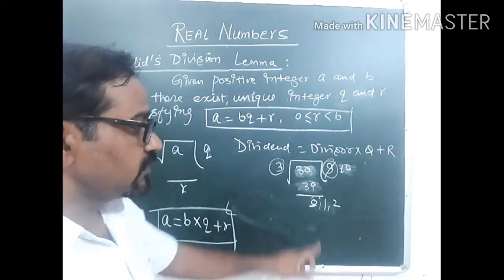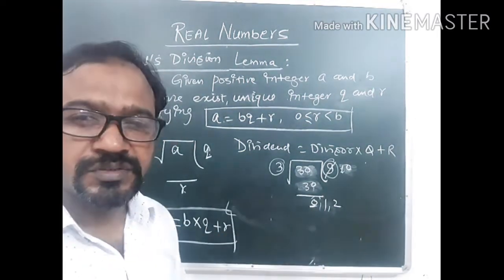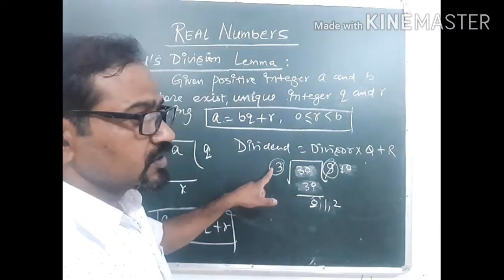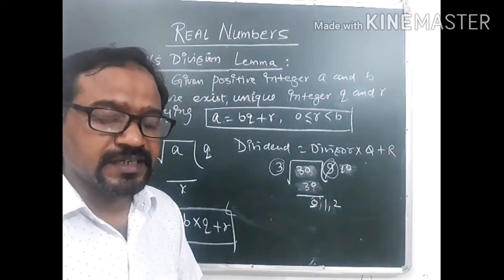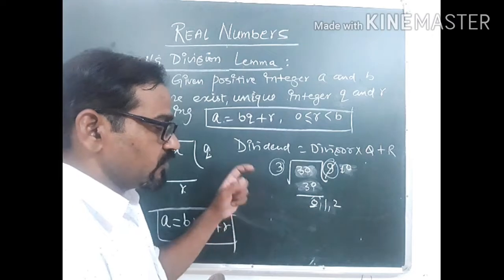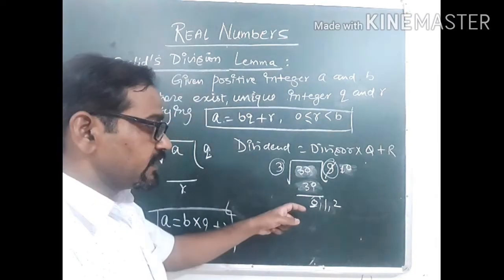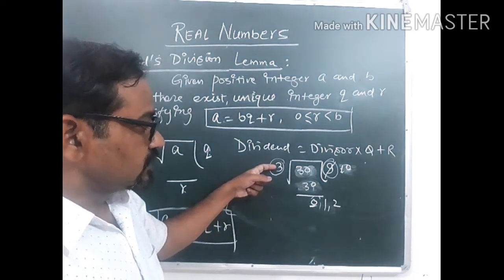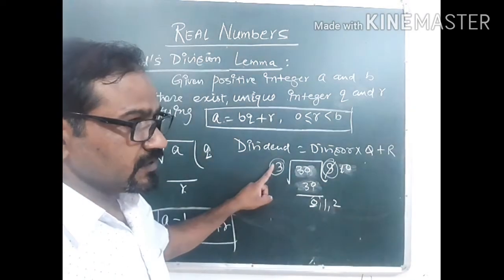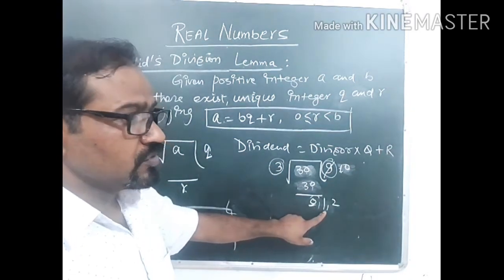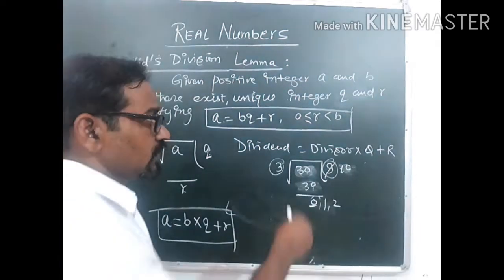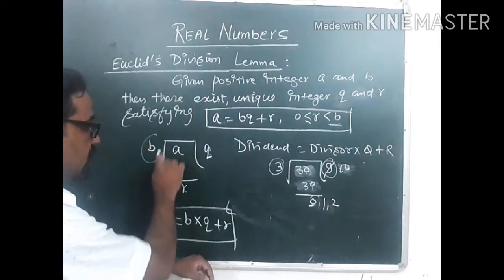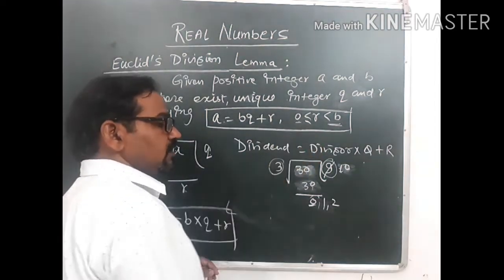It means remainder will be 0, 1 and 2. The remainder is always less than the divisor and greater than or equal to 0. So remainder is always less than b, where b is the divisor, and greater than or equal to 0.